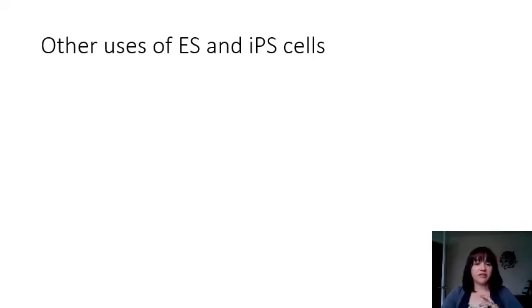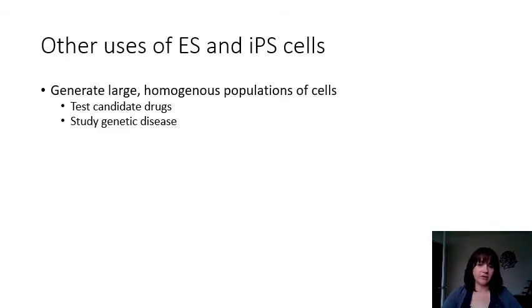So, in addition to replacing cells that were lost due to damage or disease, there are other important uses of embryonic stem cells and induced pluripotent stem cells. So if you wanted to get a bunch of cells of the same type to study, say, how a disease works, the embryonic or induced pluripotent stem cells are a great source, right?